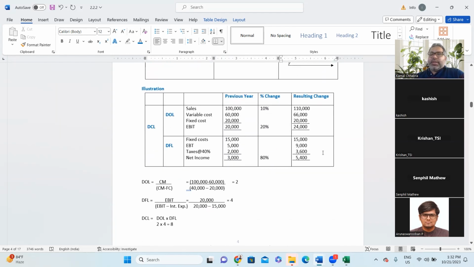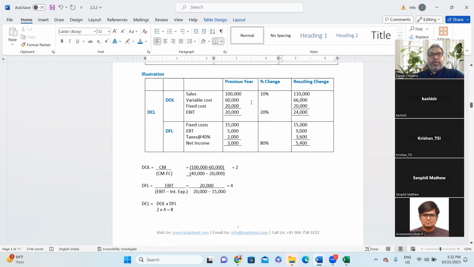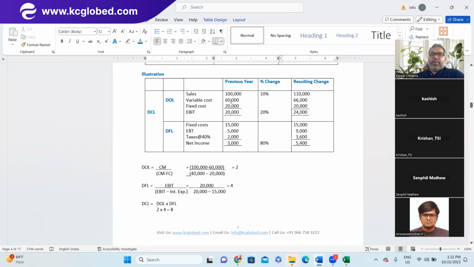Let's try to solve an example. So here you have sales of $100,000. You have variable cost, or you can say cost of goods sold, let's assume $60,000, and you have fixed operating cost of $20,000. So your EBITDA is $20,000, right?